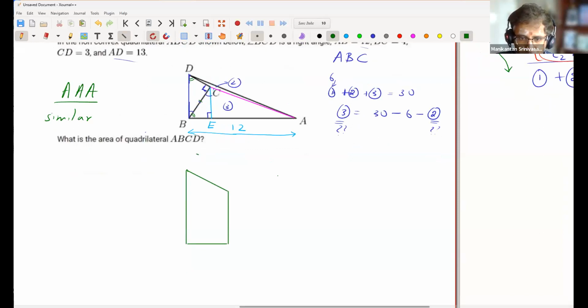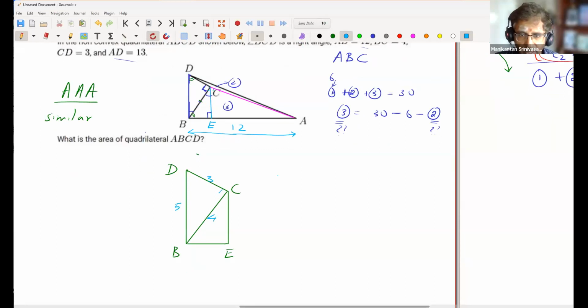I'm drawing just this portion alone. This is D, this is C, this is B, and this is E. And then we know some measurements. What do we know? We know that this is 3, this is 4, this is 5.